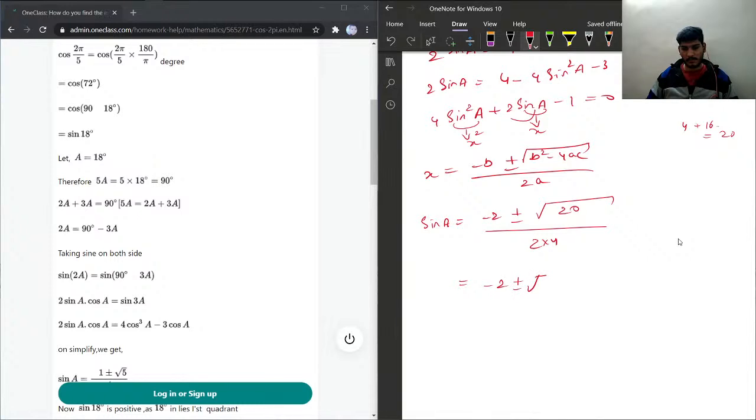Minus 2 plus or minus root of 20, which is 4 into 5, over 8.